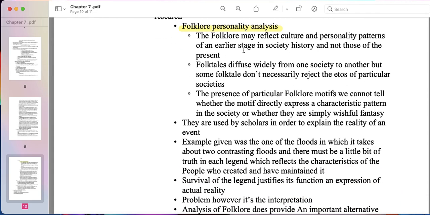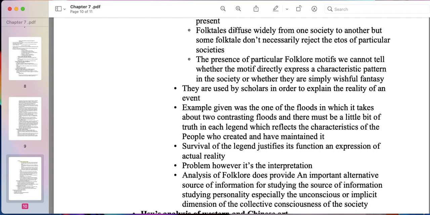Folklore personality analysis. The folklore may reflect culture and personality patterns of an earlier stage in society's history, and those of the present. Folktales diffuse widely from one society to another, but some folktales don't necessarily reflect the ethos of a particular society.